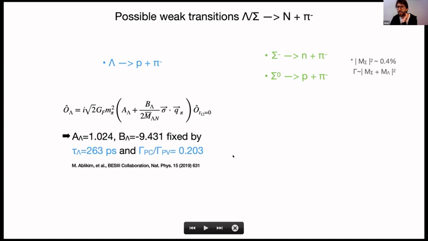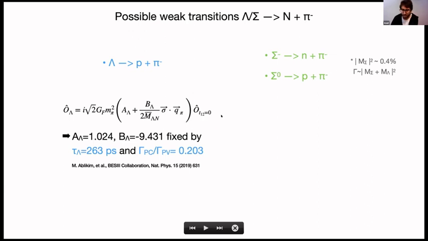And then we have the sigma. The sigma is usually not included because I believe it's a very small contribution to the total probability. But this is not a good measure, because the amplitude of the sigma entering the decay rate doesn't enter as the squared amplitude, but it interferes with the amplitude of the lambda, and that can be much larger.